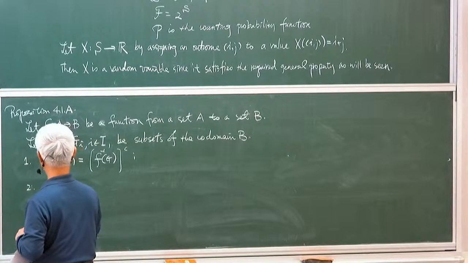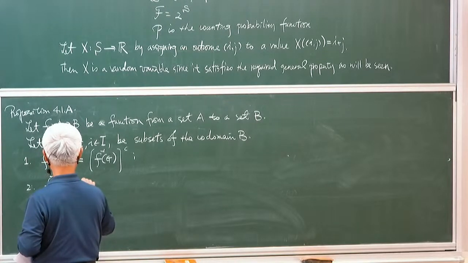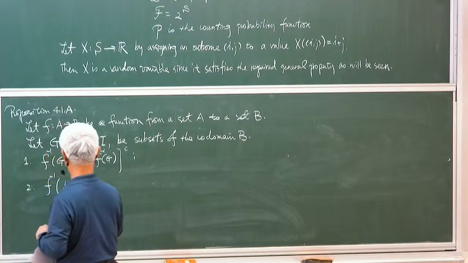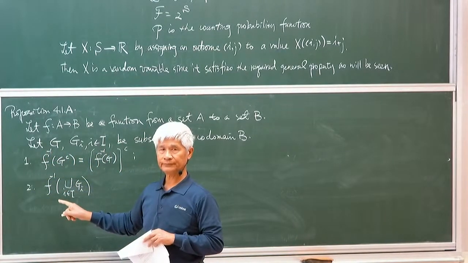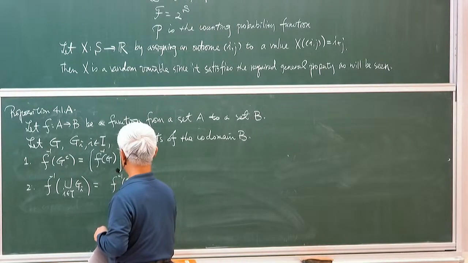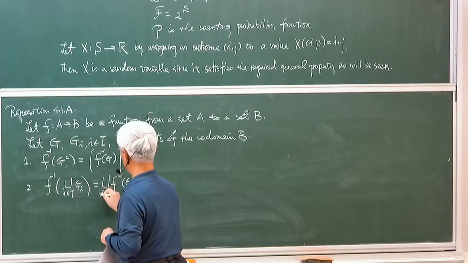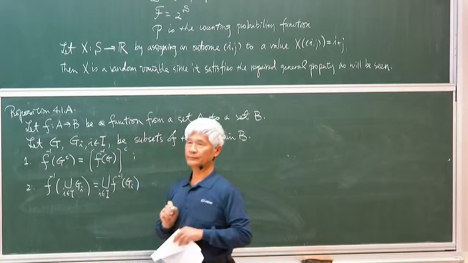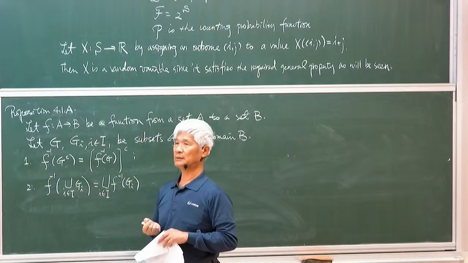Second, if we take the union of all G sub I first, and then take the inverse mapping, it's the same as taking the inverse mapping first, and then taking the union. So the union and the inverse mapping commute.